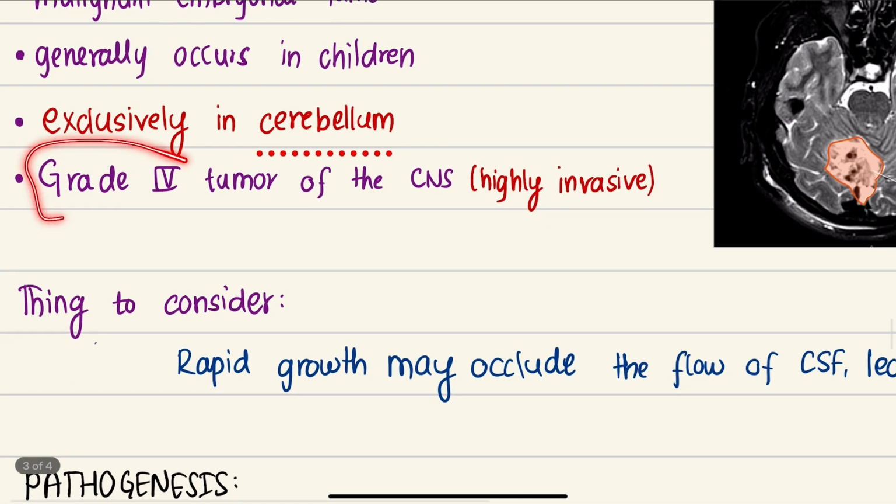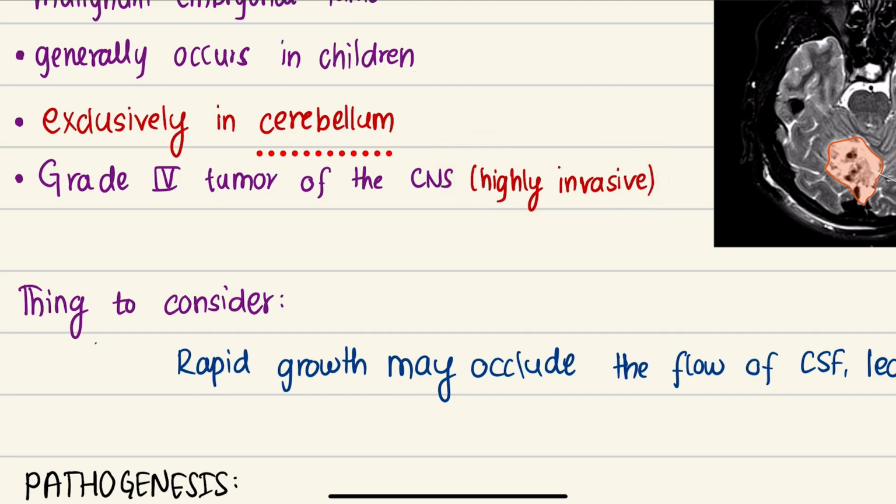So this is a grade 4 tumor. In our previous video, we talked about the classification of tumors based on their different features and their ability to cause death. So these are grade 4 tumors, the most dangerous kind of CNS tumors, okay? Tumors occurring in the brain. These are highly invasive.